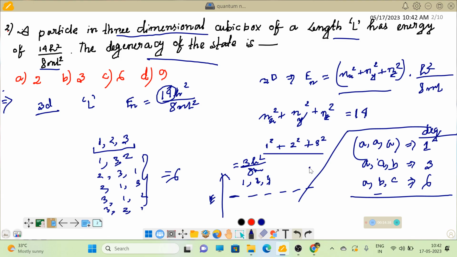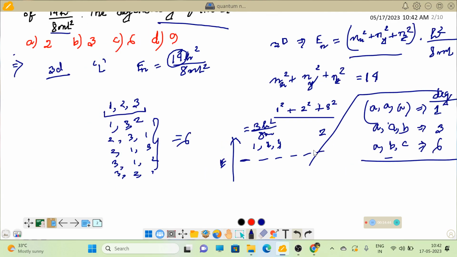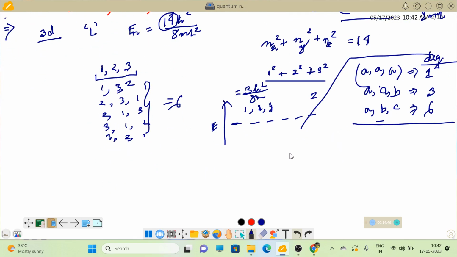For 2 2 1, suppose, we are getting 3 energy states. 2 square plus 2 square plus 1 square means 9 h square by 8 ml square. Suppose this is the energy diagram. So at this point, 9 h square by 8 ml square of energy, we have three degenerate states.